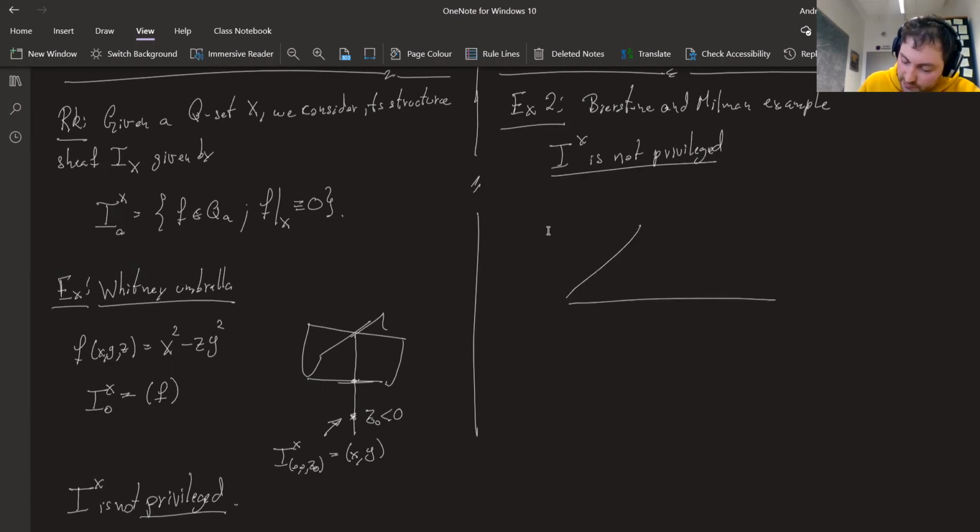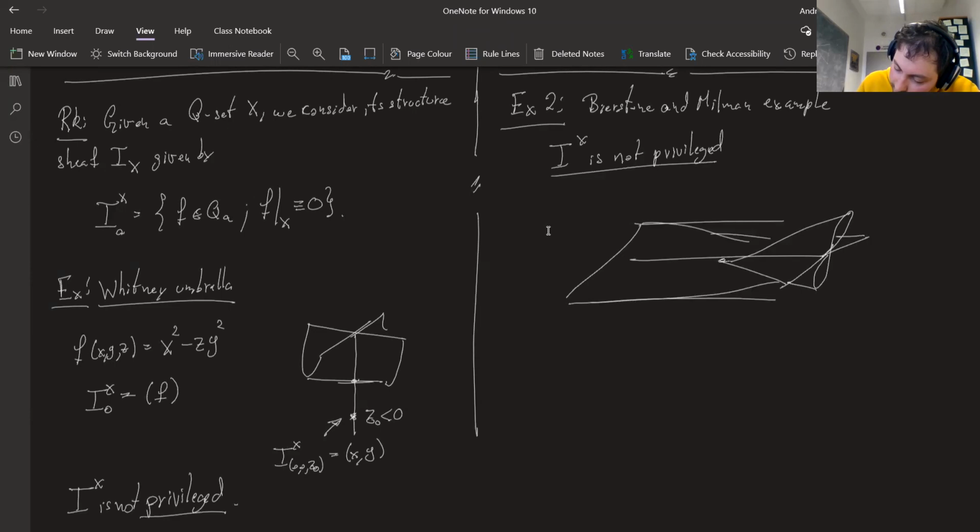Because I recall that we had this strange looking surface that in one part of it had this form, and in the other part was smooth. And we had the function f equals 0, but at this point, it was smooth, but the gradient was equal to 0.